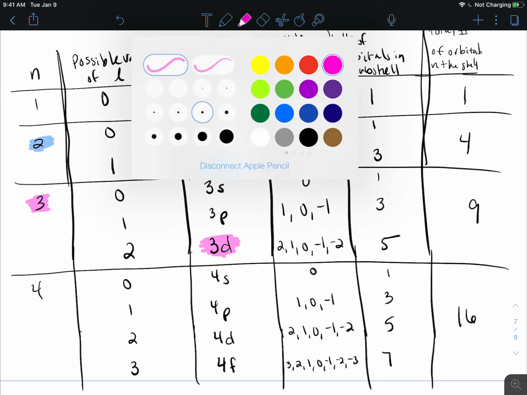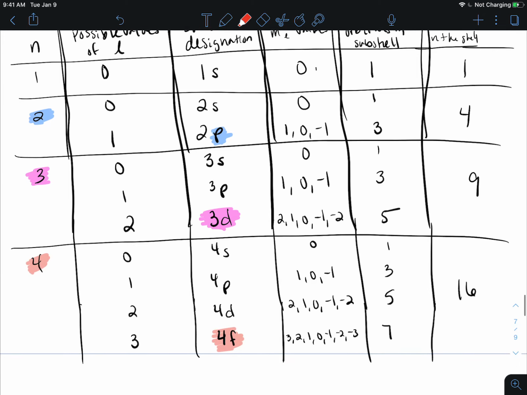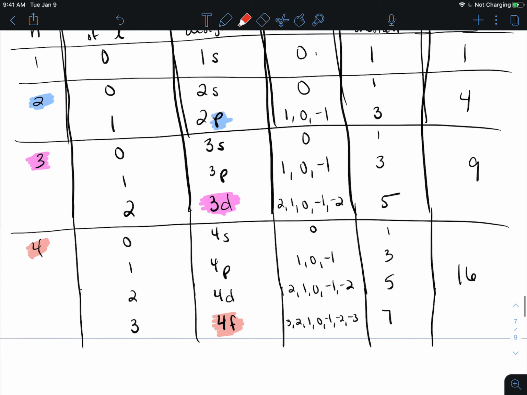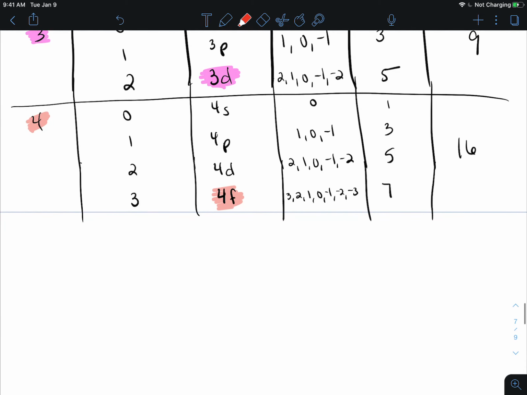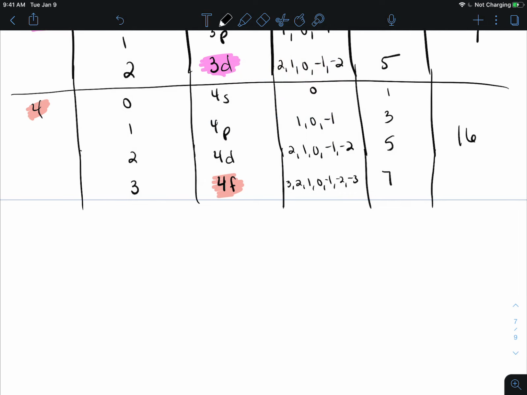We do not start seeing f until n equals 4. So in our very first shell, we have s, and every subsequent shell has s. But we increase our number of different types of subshells as we go from n equals 1 all the way to n equals 4, and so on. We can use the periodic table as kind of a guide for this.